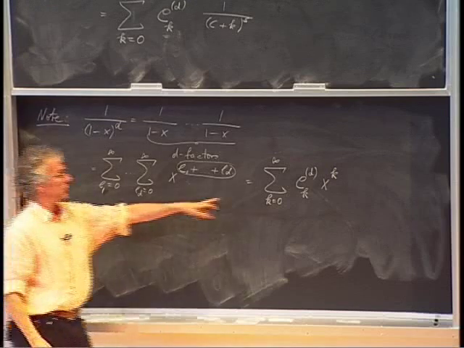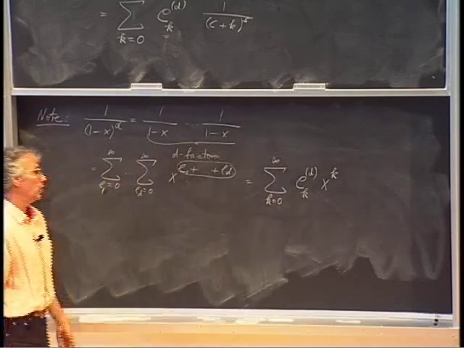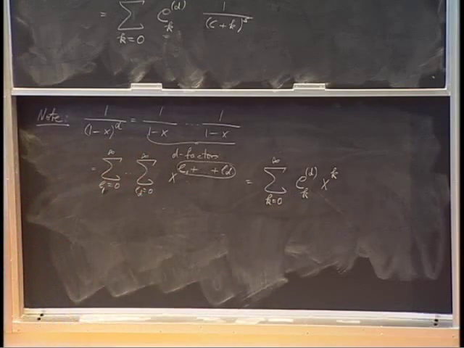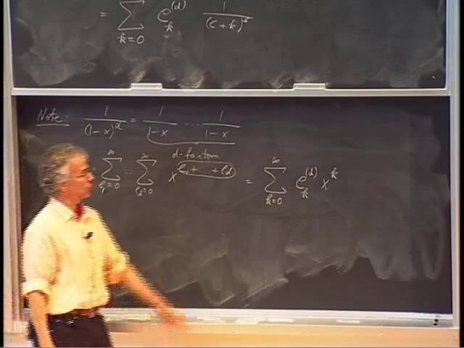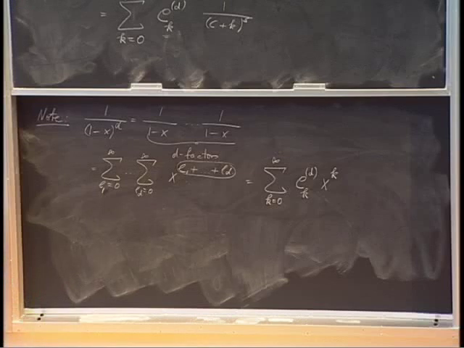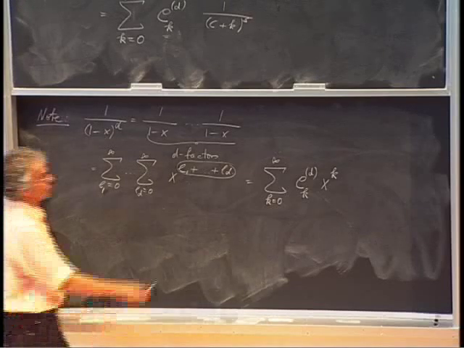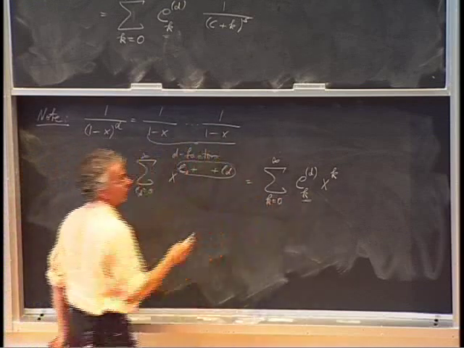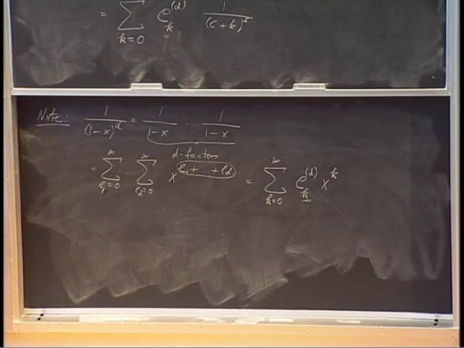And the coefficient of the power x to the k will be the number of possibilities as before to write k as a sum over d integers between 0 and k. So that's one way of doing the calculation to see that this number of possibilities get involved.